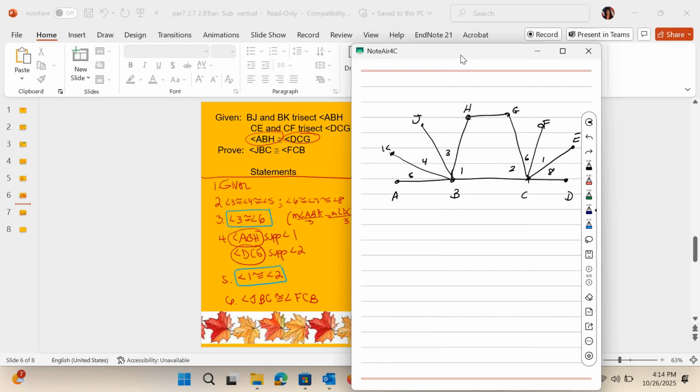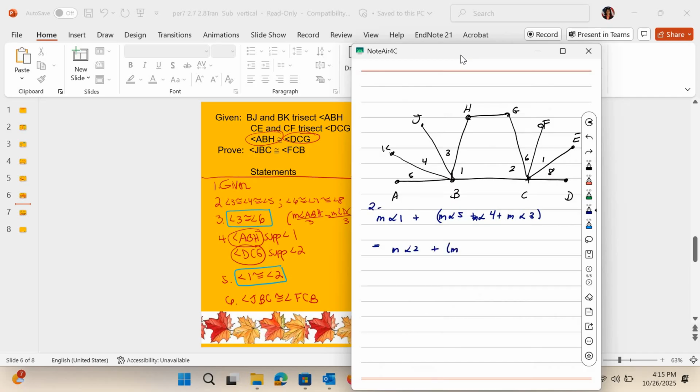Now I have the measure of angle 3 is equal to the measure of angle 6. Now I can say that the measure of angle 1 plus the measure of angle 5 plus the measure of angle 4 plus the measure of angle 3 is equal to the measure of angle 2 plus the measure.